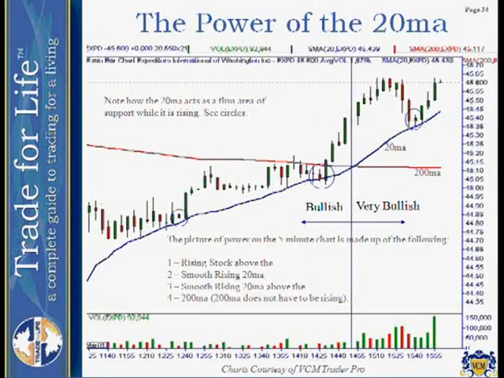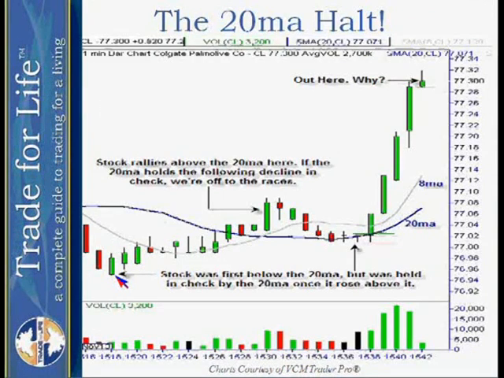Now look at this. Notice how, to my left, the stock is below the 20. Then it rises above the 20 at about 15:30. Then the next decline cannot and does not penetrate the 20. The 20 wakes up from its nap and says, halt.